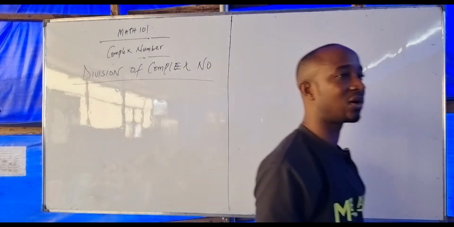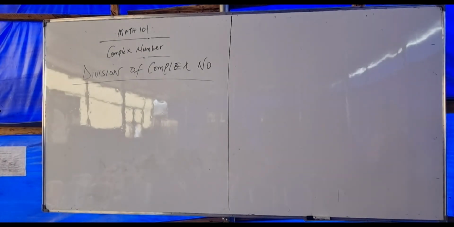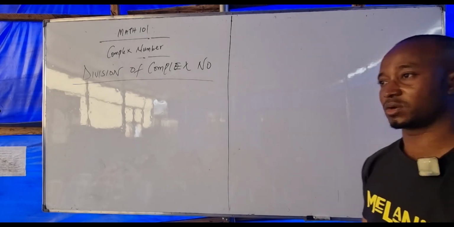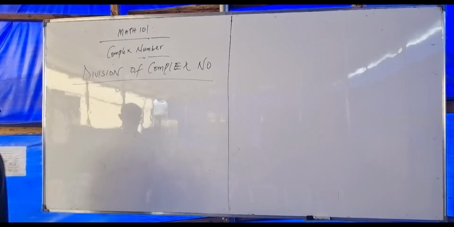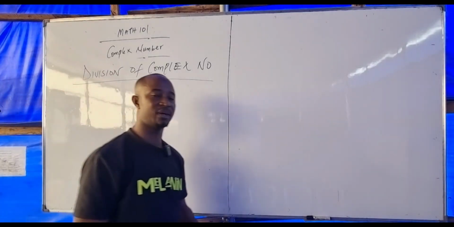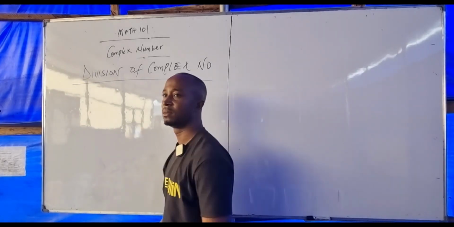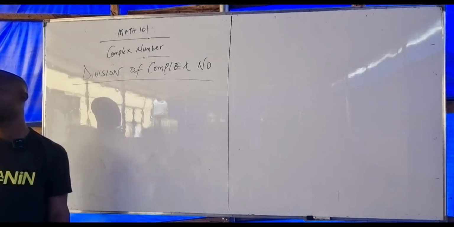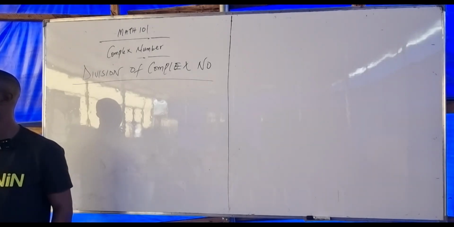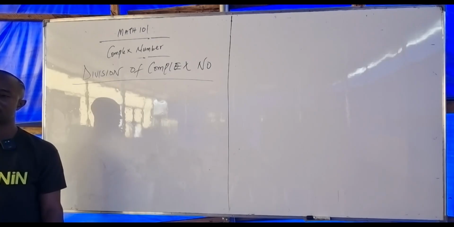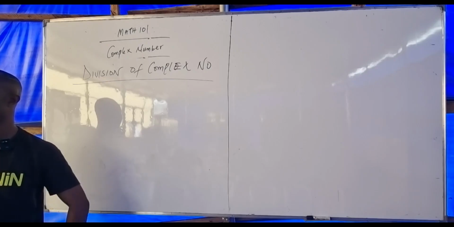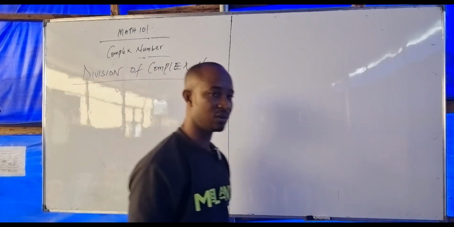To divide a complex number by another complex number, we multiply the conjugate of the complex number in the denominator by both the numerator and the denominator itself.